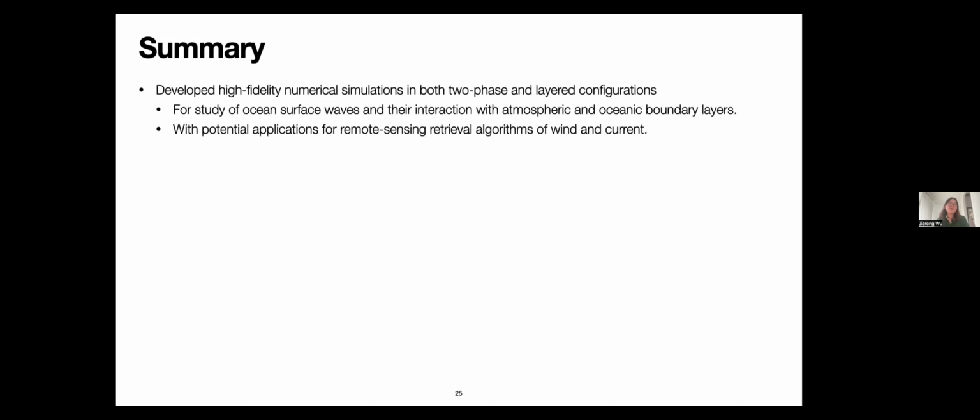So in summary, I talked about my PhD work, which is developing high fidelity numerical simulation for wind waves in both two-phase and layered configuration for study of their interaction with the boundary layers, also for potential applications to remote sensing retrieval algorithms.